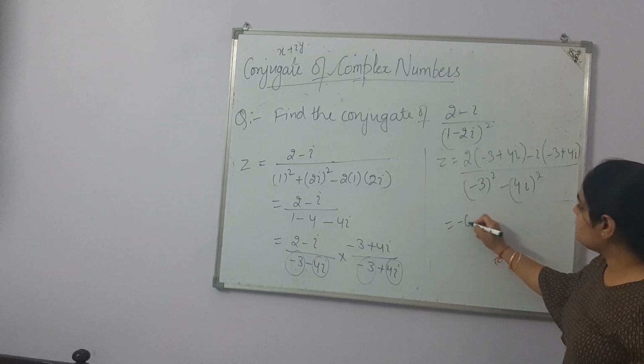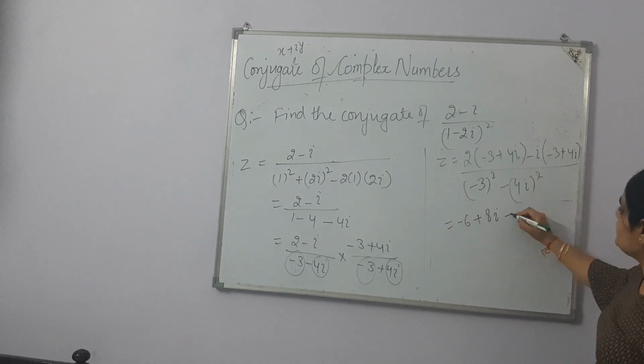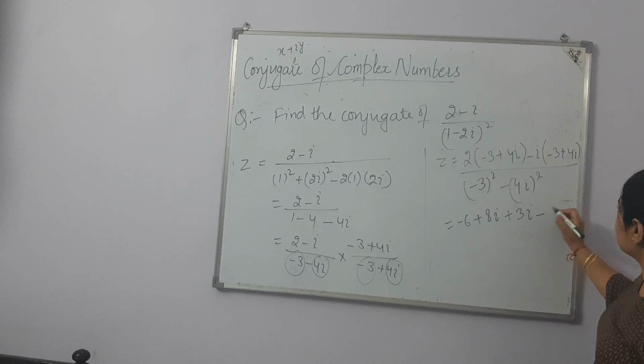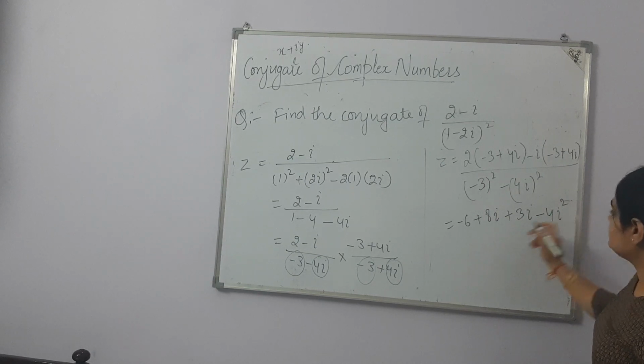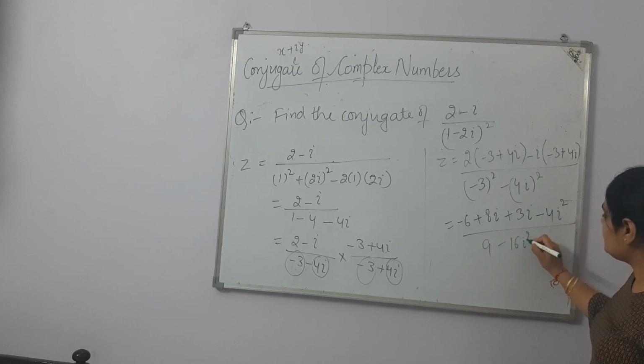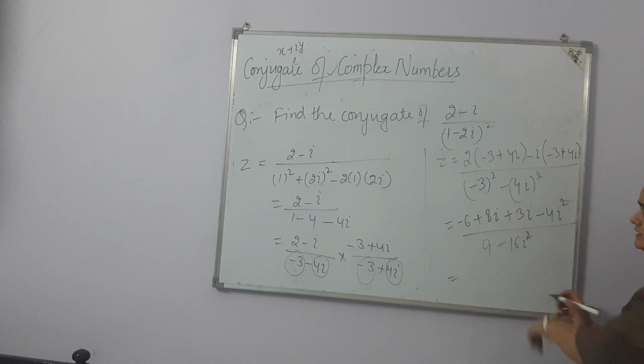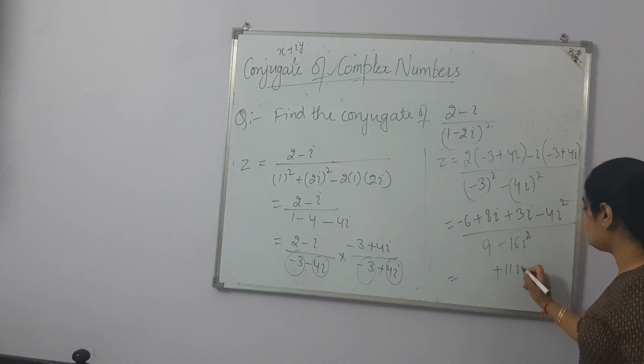Now we'll multiply, it is minus 6 plus 8 iota plus 3 iota minus 4 iota square, upon 9 minus 16 iota square. It becomes 8 plus 3, it is 11 iota.